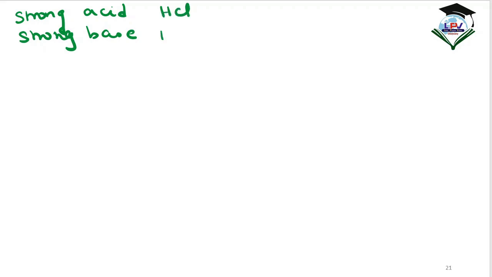Let's take anion and cation of acid and base. First of all, you have to know what a strong acid is and a strong base. Let's take HCl as an example for a strong acid, NaOH for a strong base.